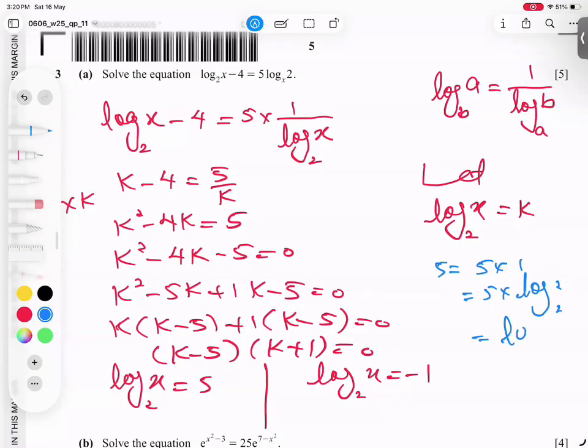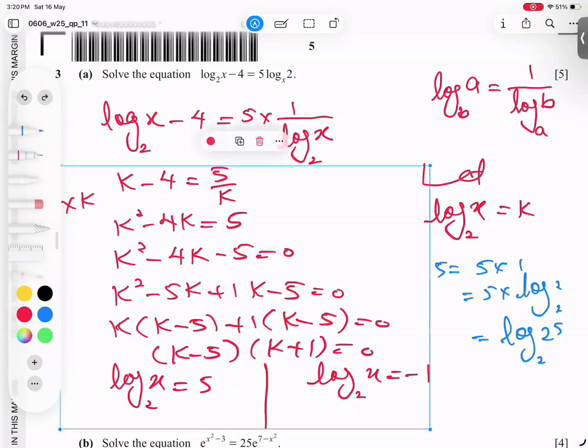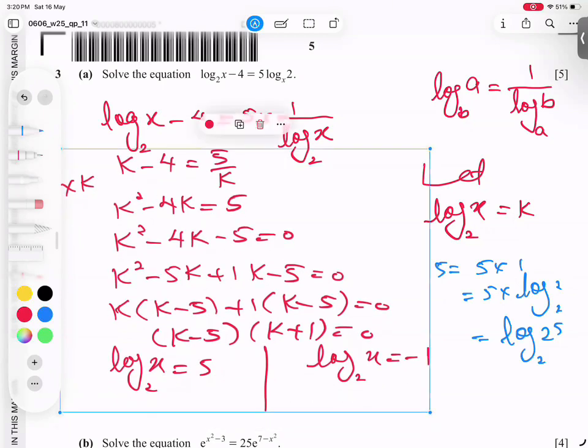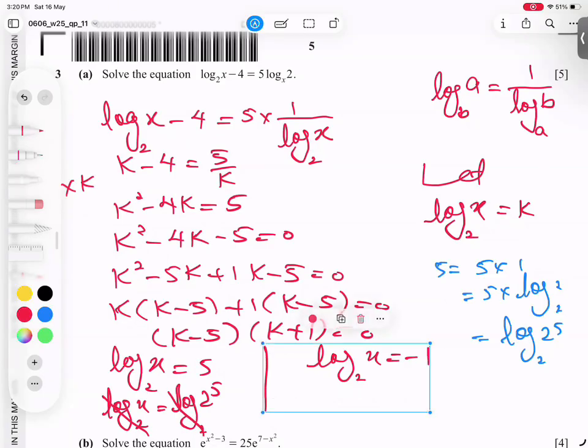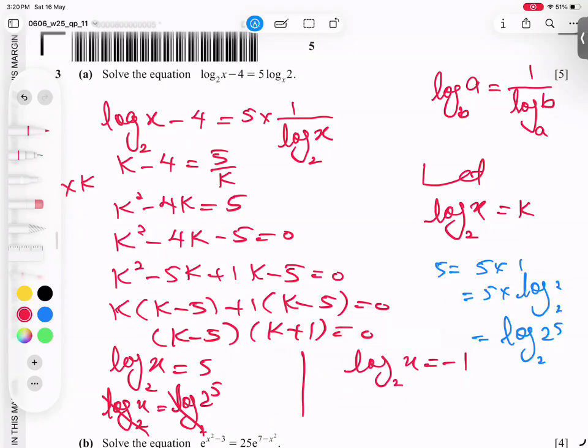So it means log of 2 to the power 5 base 2. So here I can replace it on both sides. I'm replacing here log of x base 2 and here log of 2 to the power 5 base 2. Logs cancel and I'm getting x here. I'm getting x is equal to 2 to the power 5, which is 32.